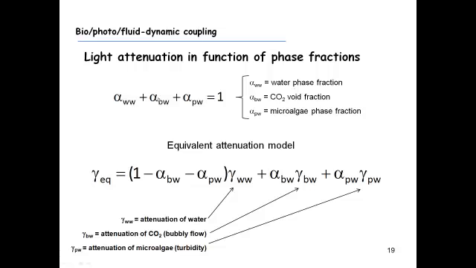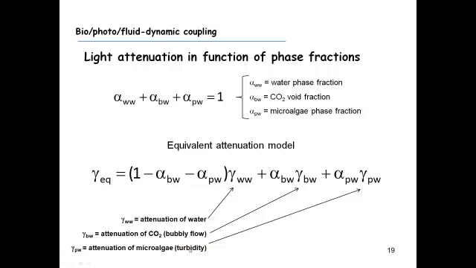The phase fractions, alpha WW, which is the water phase fraction, plus alpha BW, which is the CO2 void fraction, plus alpha PW, which is the microalgae phase fraction, all add to 1, actually. And assuming an equivalent attenuation model given by this, which is traditional for dispersed flow. In dispersed flow, you have, let's start from the end.